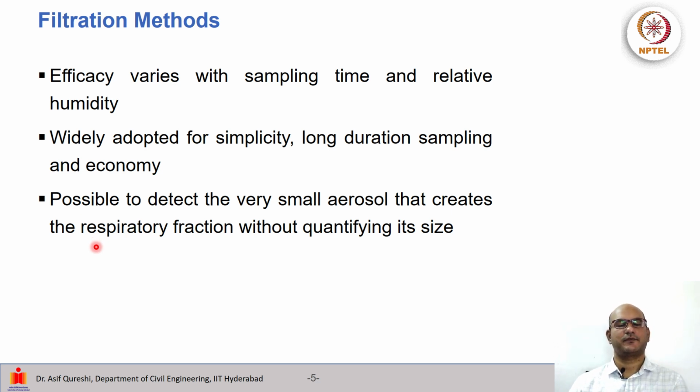So we know the respirable fraction can be there, and we can quantify, if it's a single filter, the size ranges that were trapped in the filter. But if we are able to use a series of filters, potentially we can also put them in size bins, so that so many particles are in this size range, so many particles are in that size range. So we can in general get a gauge of how many are in a particular size range.